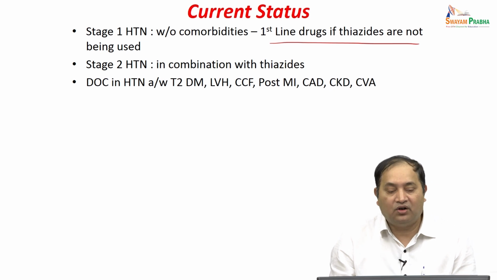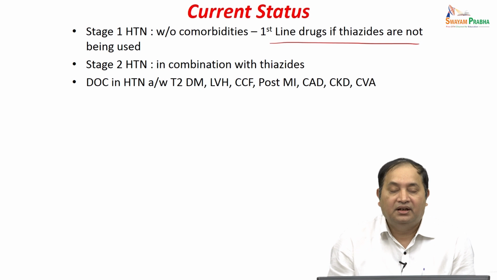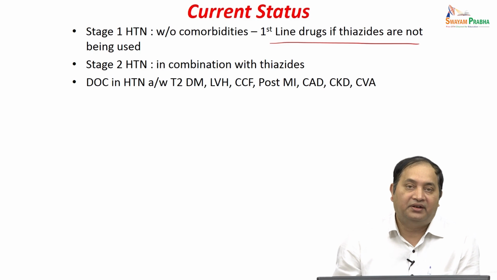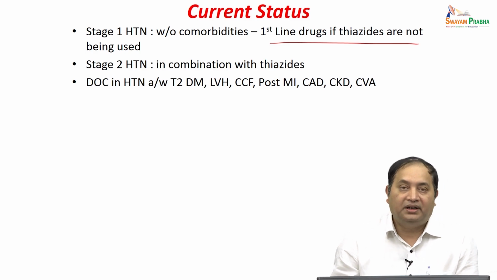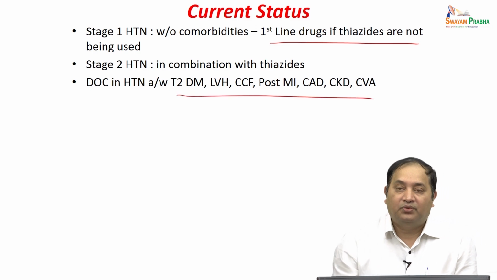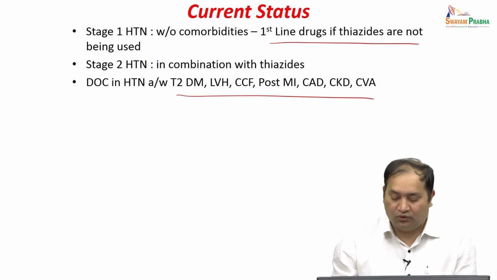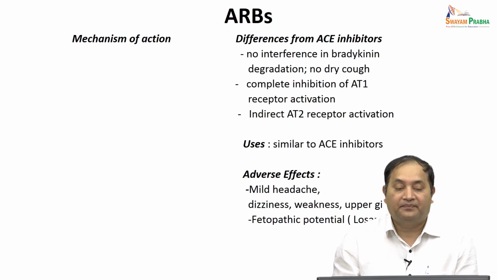As a drug of choice for hypertension, if the patient has comorbidities like type 2 diabetes mellitus, left ventricular hypertrophy, congestive cardiac failure, post myocardial infarction or coronary artery disease, chronic kidney disease, or cerebrovascular accident, then ACE inhibitors are the drug of choice. Stage 1, stage 2 with comorbidity, you have a drug of choice.